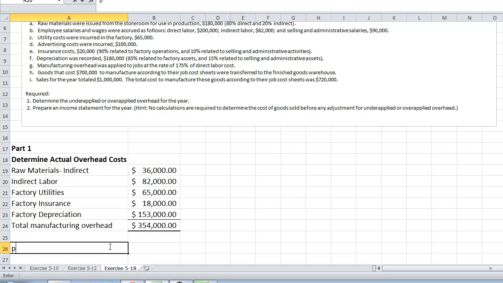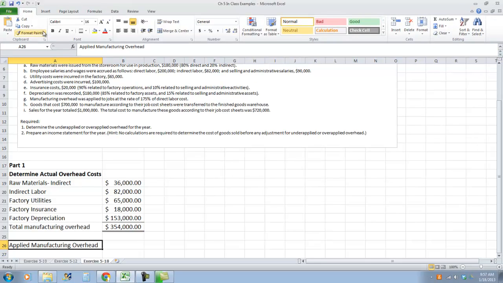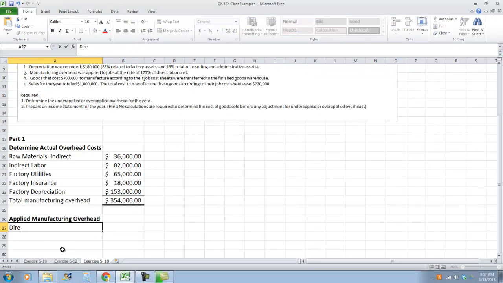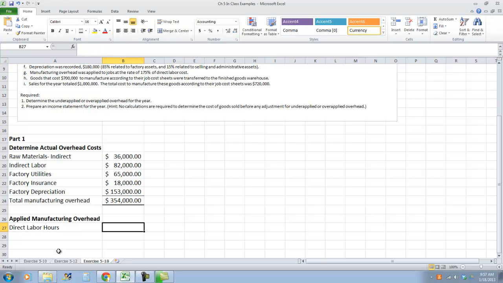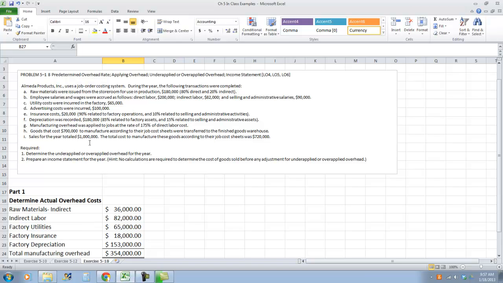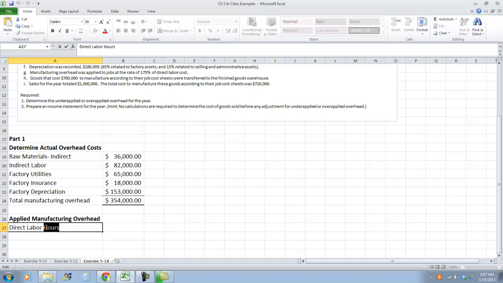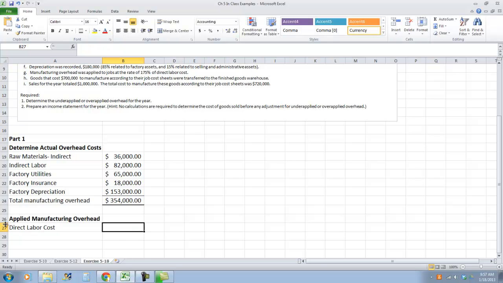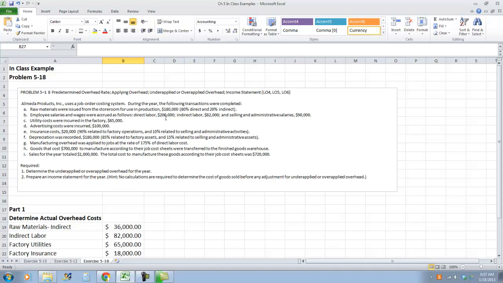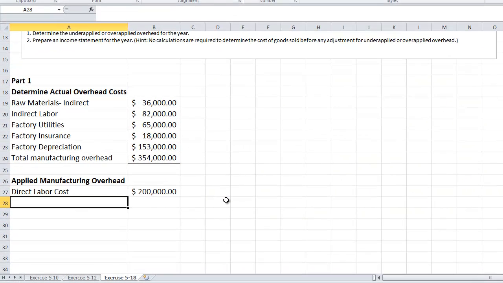So let's figure out the applied manufacturing overhead. And the way that we do this is, let's see, it says that it is direct labor cost. Direct labor cost, it's 175%. So we were told that the direct labor cost was 200,000.